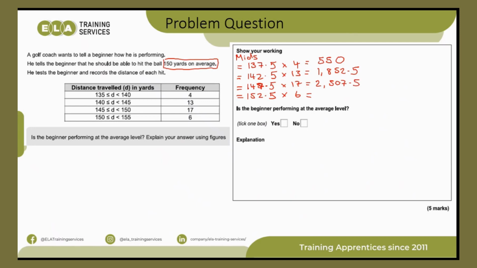And then our last one, 152.5 times 6 is 915. We're then going to add those up, which equals 5,825. We're then going to divide that by our total frequency.